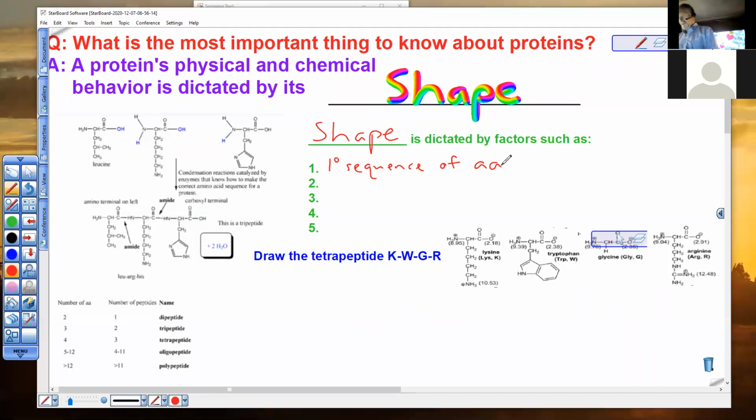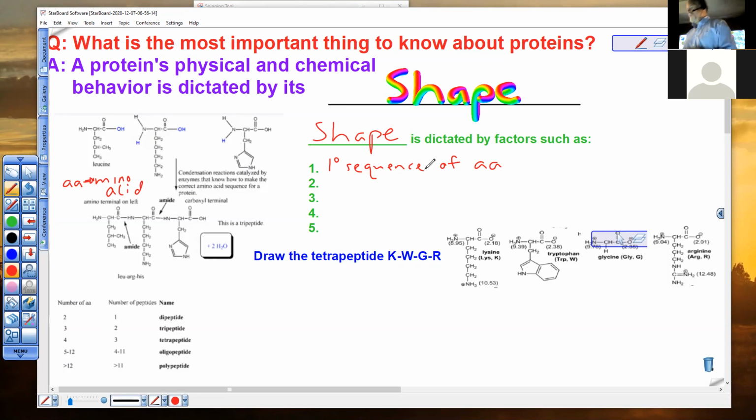So I don't have amino acids anywhere, do I? Oh, wonderful. Primary sequence is just what amino acids on the left, what's the second one, what's the third one, what's the fourth one, the order of the amino acids. And that is dictated by proteins assembling these amino acids as they're made.